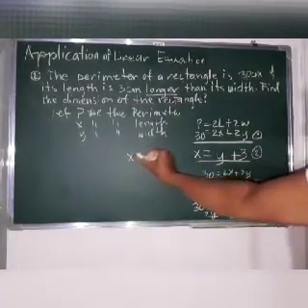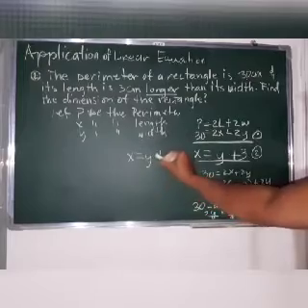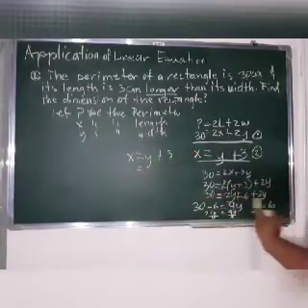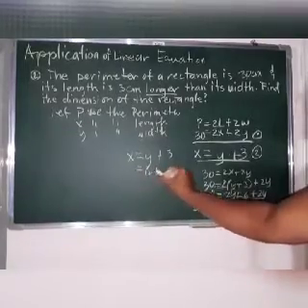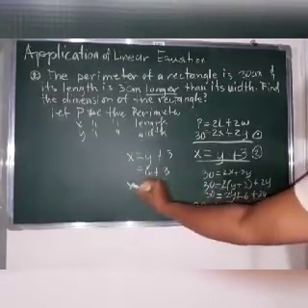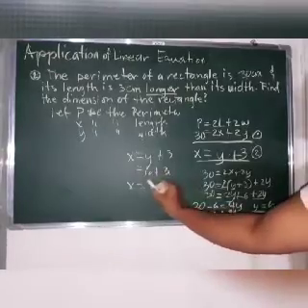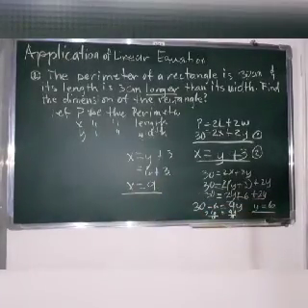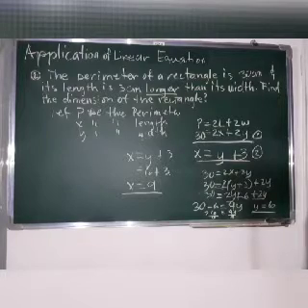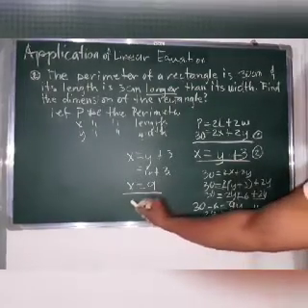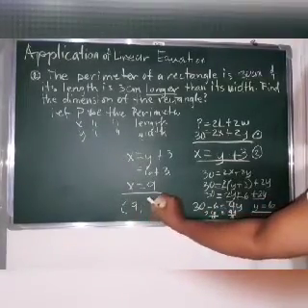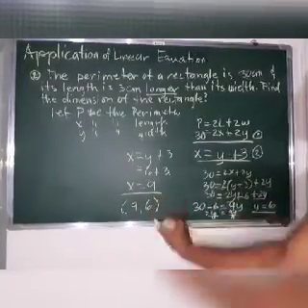So, x is equal to y plus 3. Substitute y, which is 6. 6 plus 3. So, x is equal to 9. Therefore, the solution is x is 9 and y is equal to 6.